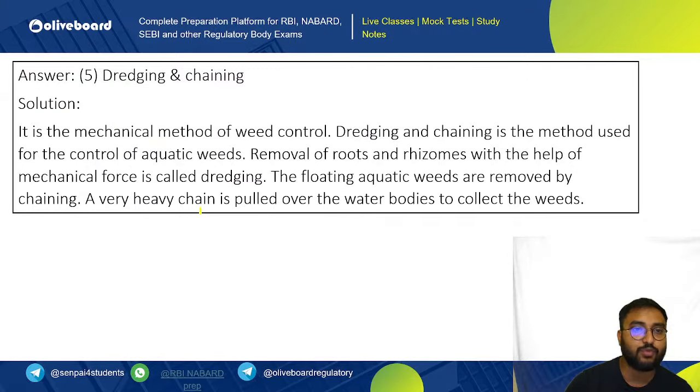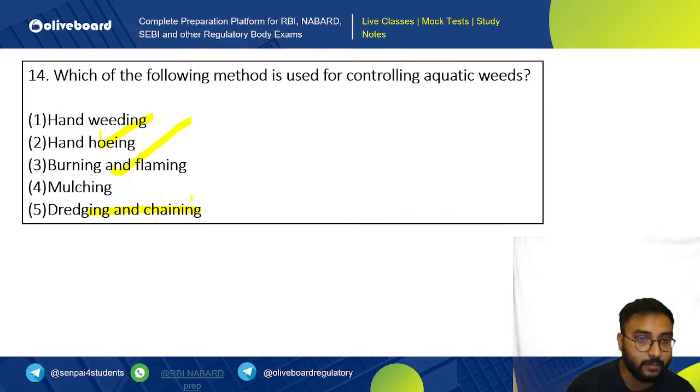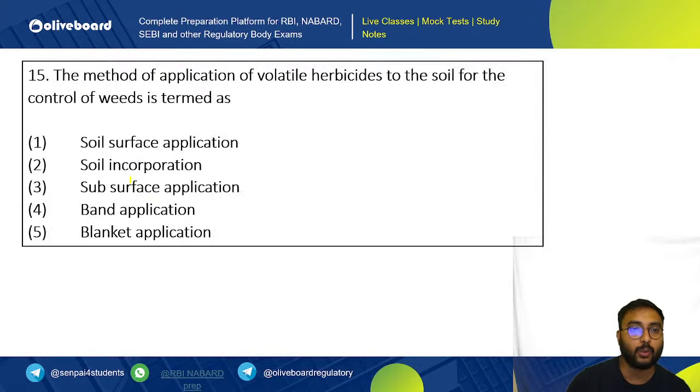So the answer here is 5, that is dredging and chaining. Okay, dredging and chaining is used for controlling aquatic weeds.